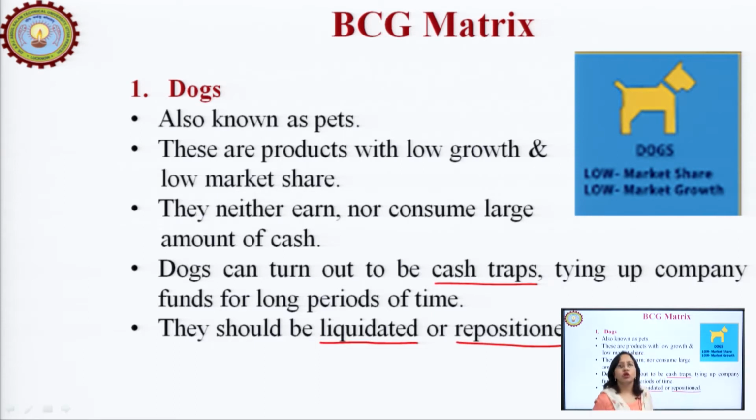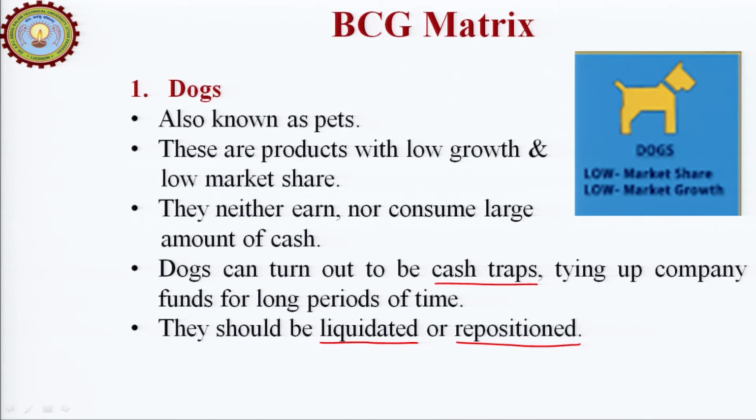Liquidated, I am sure you must know, means the business can sell all its assets, and if there are any claimants or debtors, the cash acquired from selling off the assets of the company should be given away to all the claimants and debtors. Or it should be repositioned.